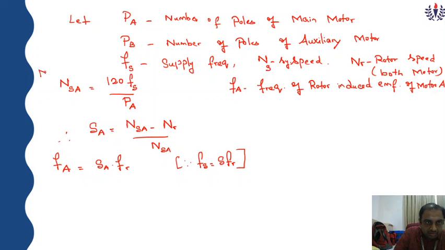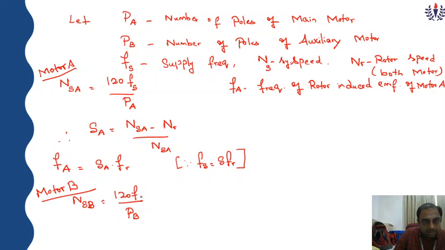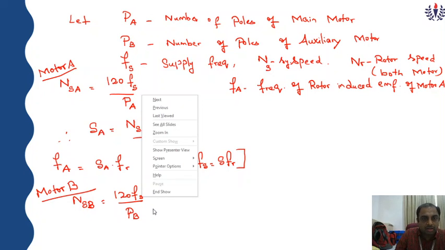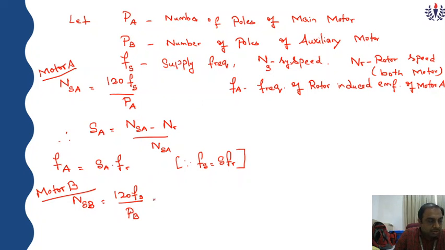Then like that for motor B. What is the formula for motor B? NSB equals 120 Fb by Pb.